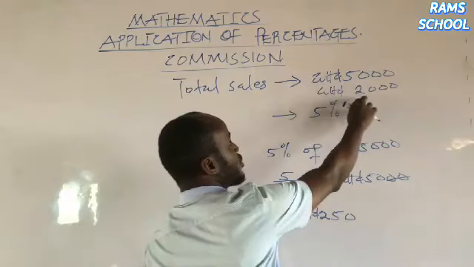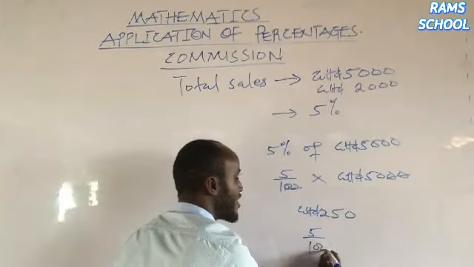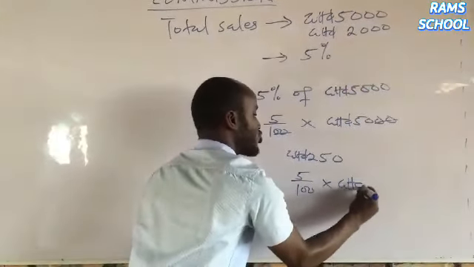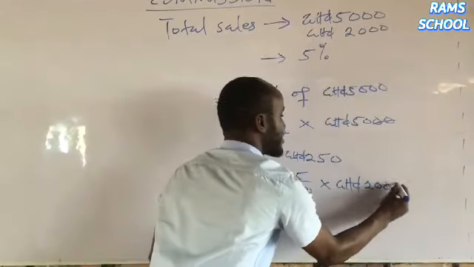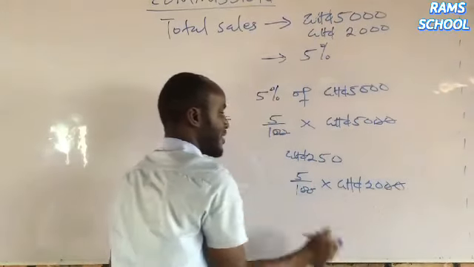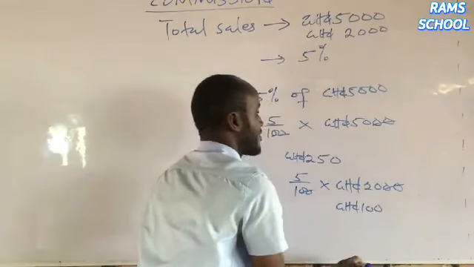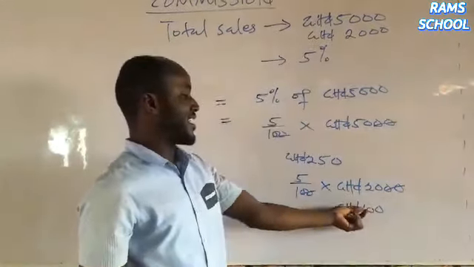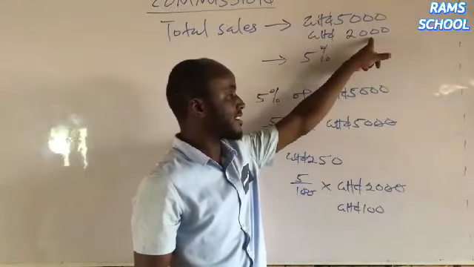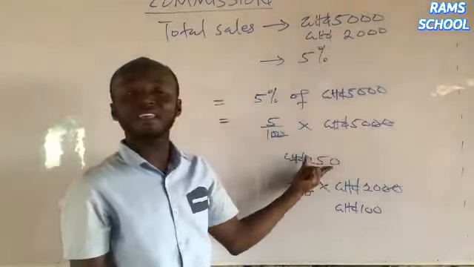So assuming she sold goods worth 2,000 Ghana cedis, her commission will be 5 out of 100 times 2,000 Ghana cedis. If we simplify this, these two zeros cancel out. 5 times 20, so we get 100 Ghana cedis. So have you seen? The 100 Ghana cedis is her commission for selling 2,000. But when she sold 5,000 Ghana cedis, her commission was 250 Ghana cedis.